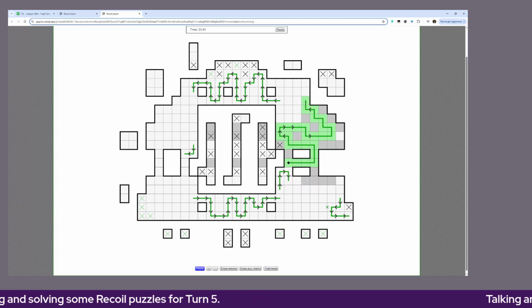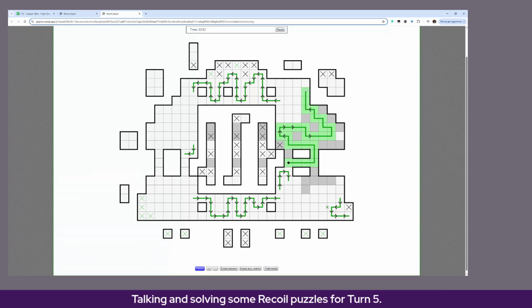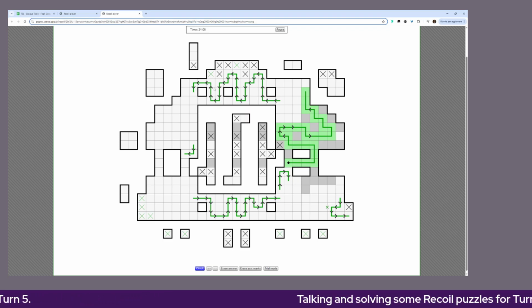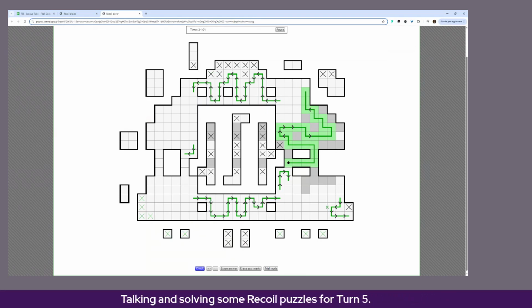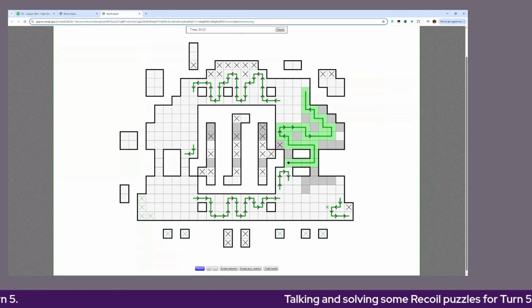Now here I'm forced to go up, and now I'm forced to go up again. And now, because I have 1 and 2 to be recoiled, those 2 must be made by those 2 moves being downwards, this one and this one, that take this one and this one, and this one and this one, respectively.